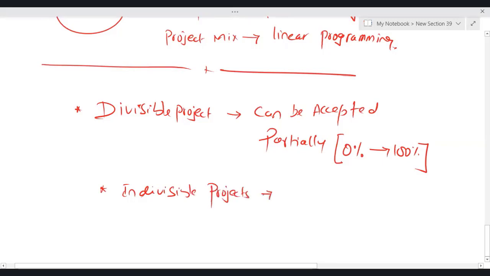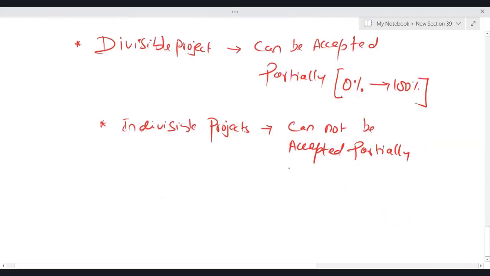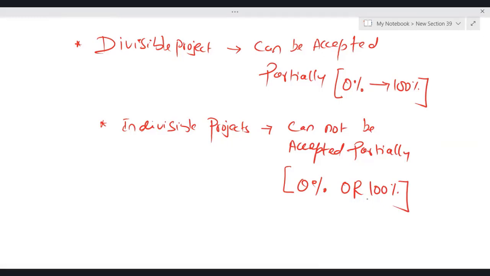Indivisible project means it cannot be accepted partially. For indivisible, if I quantify it, it is 0% or 100%. If the project is indivisible, either do not opt, or if you want to opt, it must be 100%.